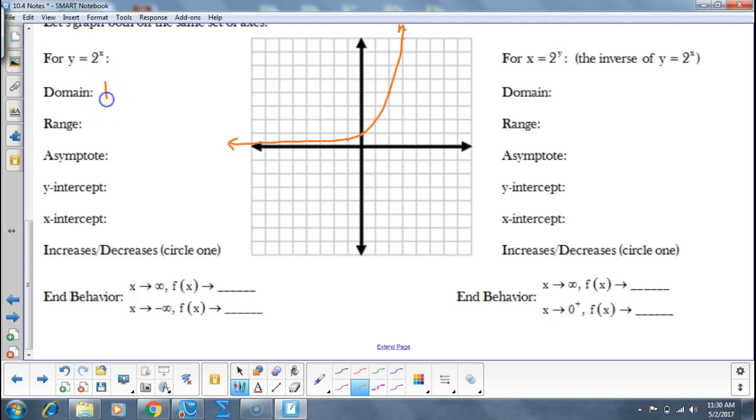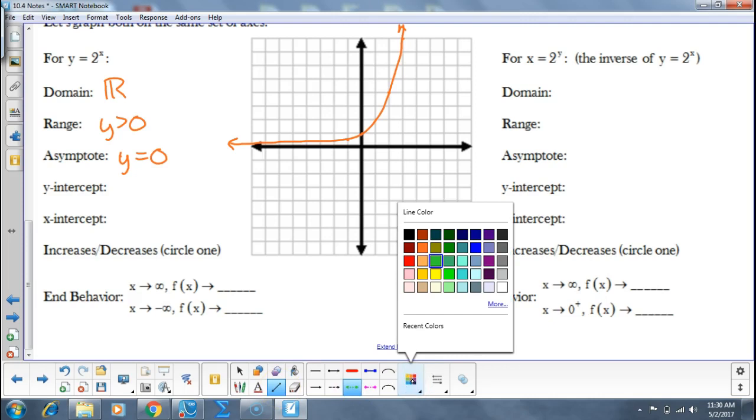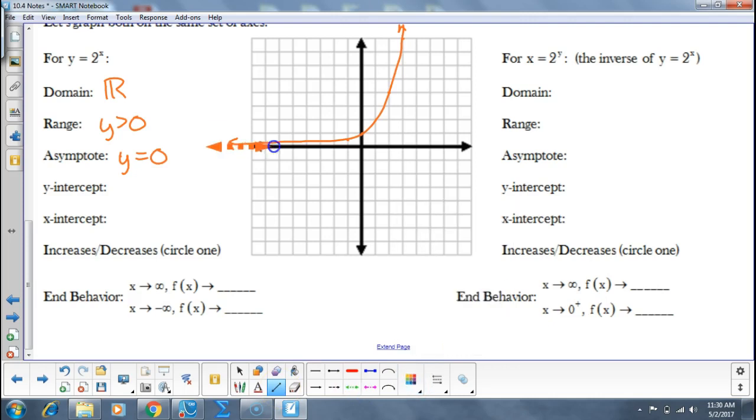Domain. All real numbers. Range. Y is greater than 0. Asymptote. Y is equal to 0. Let's put it right on there too, just so we can see it. Y-intercept. 0, 1.